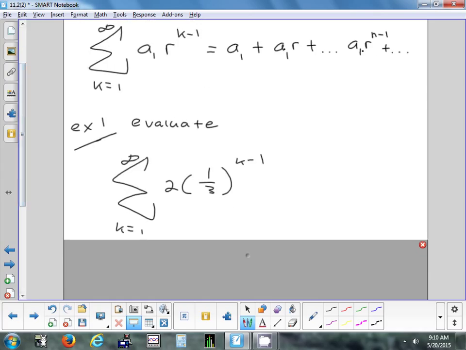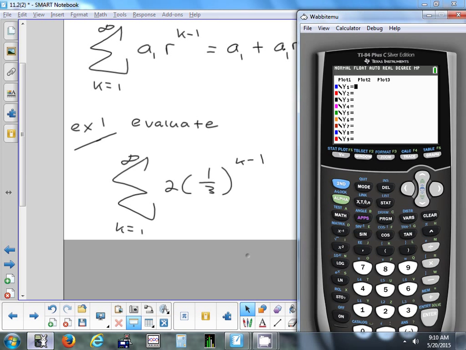So let's type that in. The trickiest thing is you've got to be careful with your parentheses when you try to type this in. So I'm going to put the 2 at the very end. I'm going to put 1 minus r. I can't use the variable n; I have to use x when I graph it. So that's 1 minus r to the n. That's my numerator, divided by, in the denominator, 1 minus 1/3.